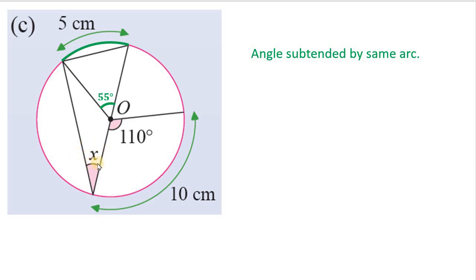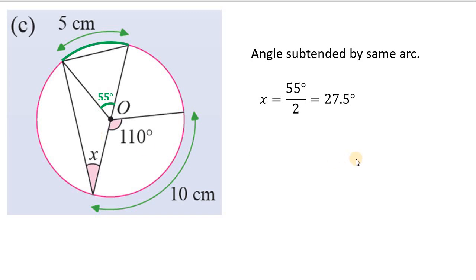So x is half of the angle at the center, 55. So I can find x by using 55 divided by 2, equal to 27.5. I'm not using the concept of angle subtended by the diameter, but I can also get the answer. So this is the answer for 1c.